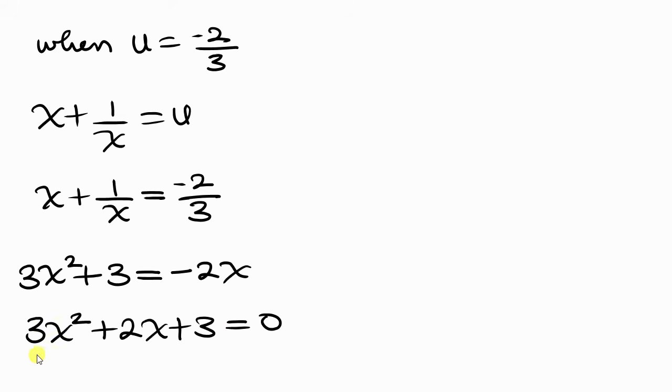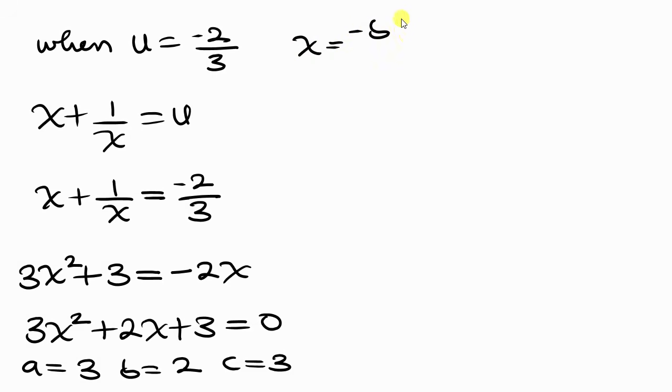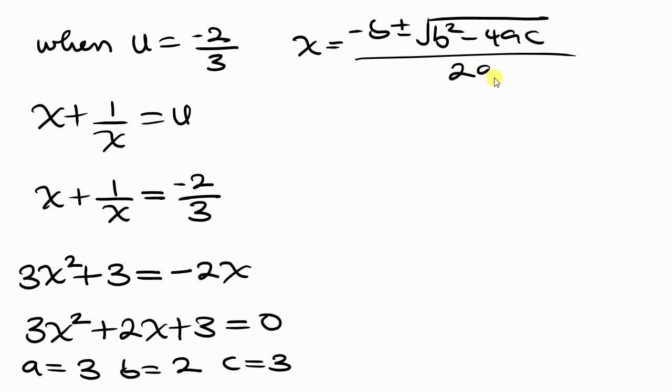We're also going to use the quadratic formula. So a from here is 3, b from here is 2, while c is 3. We're looking for x, so the quadratic formula will be negative b plus or minus the square root of b squared minus 4ac all over 2a.